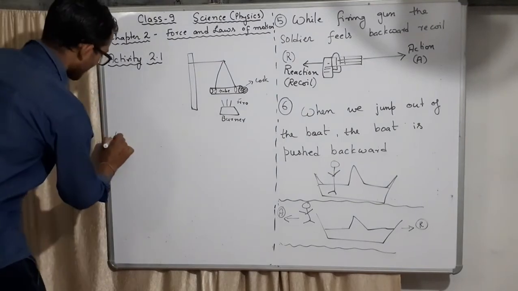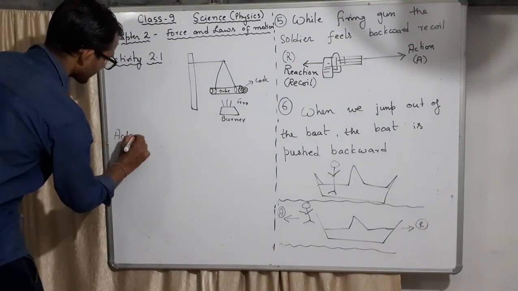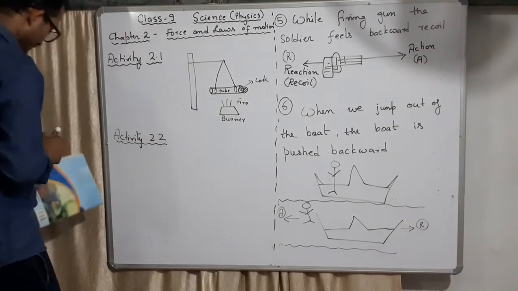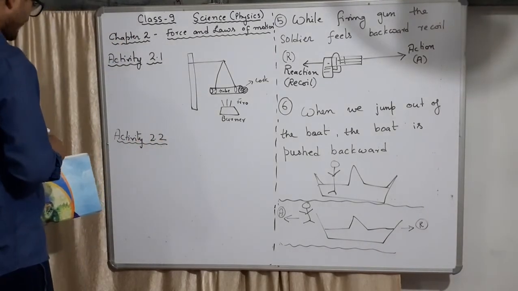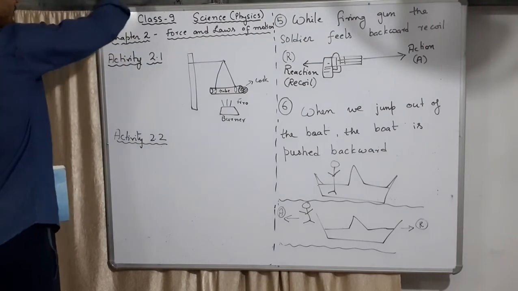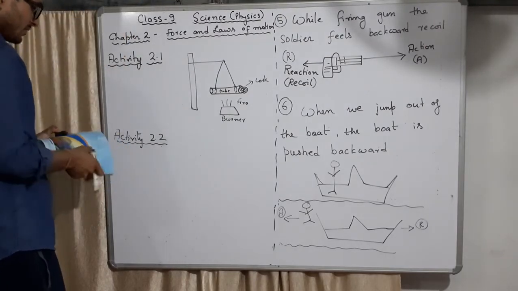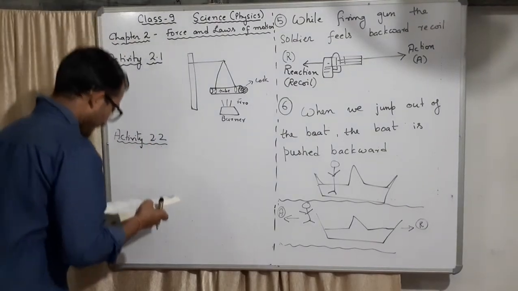Activity 2.2 may not be very easy to show in the diagram, but I will try. This may be easy. This one is also used in many places, 2.2 is also very popular, but if you have not seen, let us see.